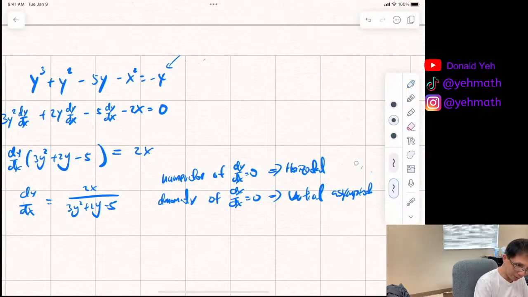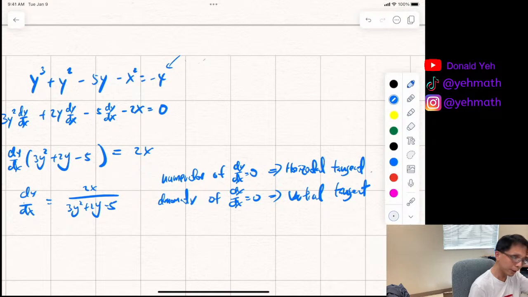And my mind's not really up to it today. Thank you, Matthew. So vertical tangent and horizontal tangent. Make sure that you can find it if I ask you for it.